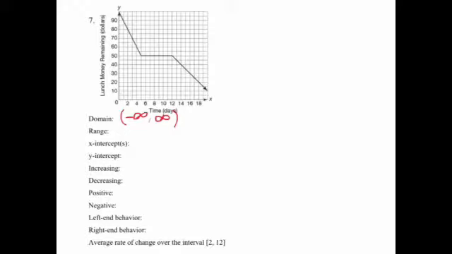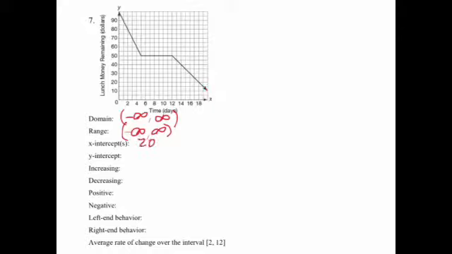Anyway, the range, since we're going to assume the trend goes the same both ways, somehow, the range would go from negative infinity to infinity. The x-intercept is going to be what's over here. We're just looking at about 20 days.